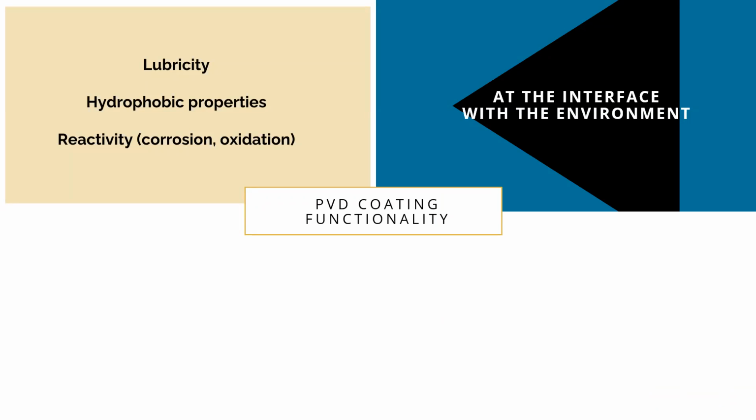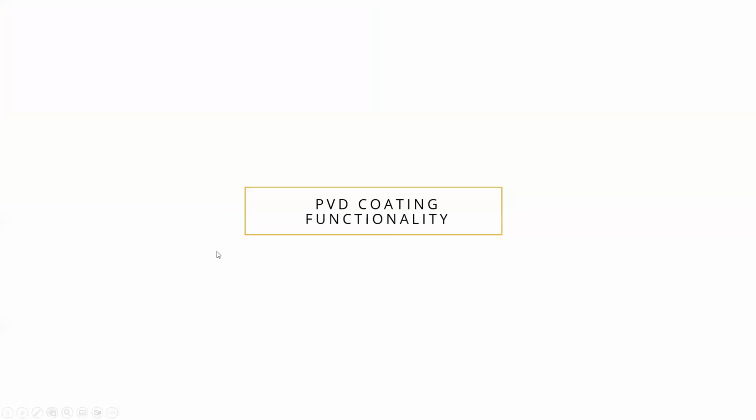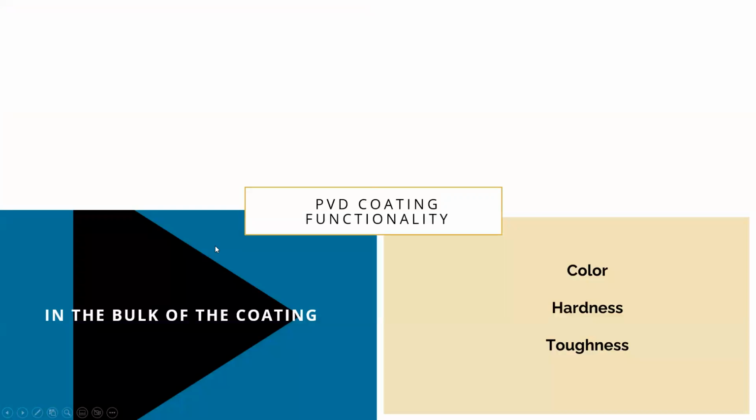That's something that's really at the very surface of the coating itself. Reactivity, corrosion, oxidation resistance, and so forth. But there's also stuff that is in the bulk of the coating. So color, hardness, toughness. Those are characteristics of the coating that are mostly in the bulk of the coating itself, right? Not necessarily at the very surface.